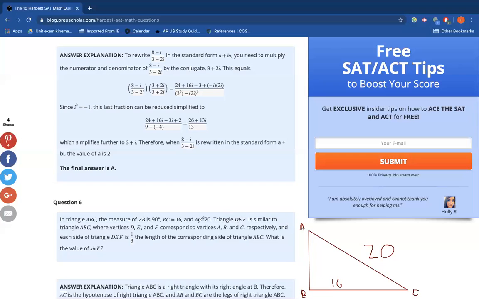Triangle DEF is similar. The question is question 6 over here. You guys see the question, right? Just making sure, because if I'm just drawing on a blank screen, that's not going to help. DEF, and they want the sine of angle F.